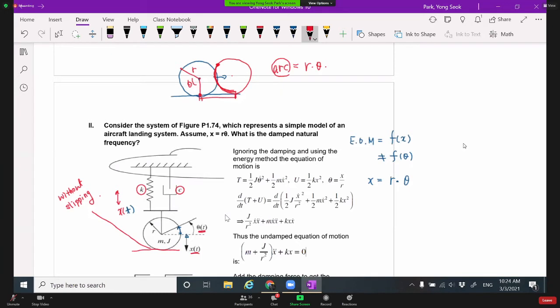Without slipping, right? With slipping, that is really hard. You understand? Okay. Same way, the up and down amount, x, is r theta.